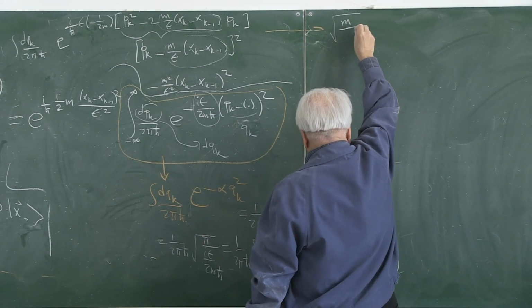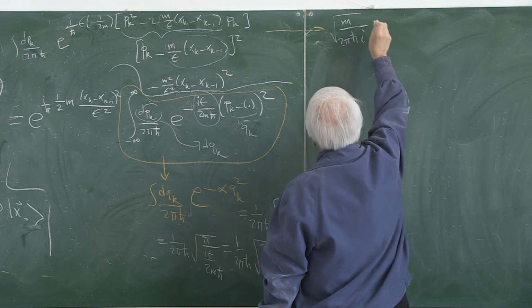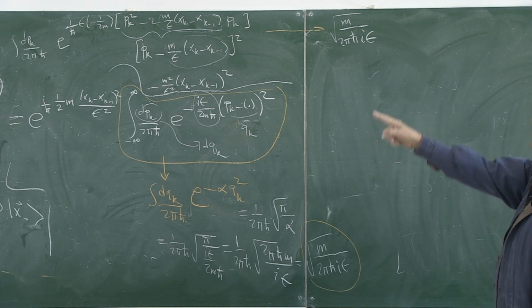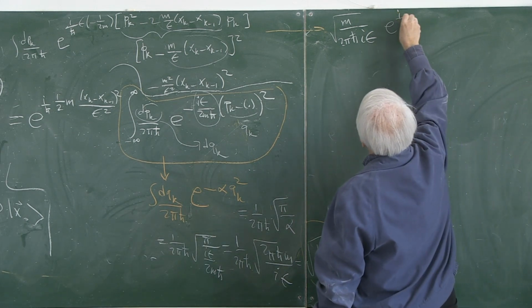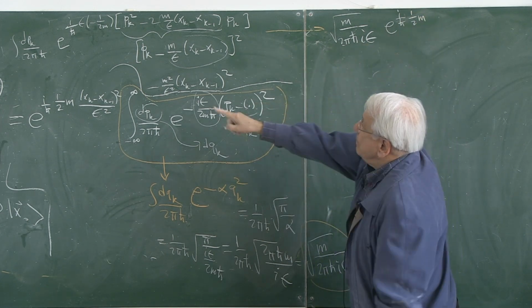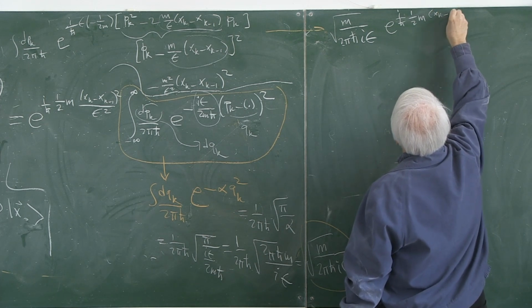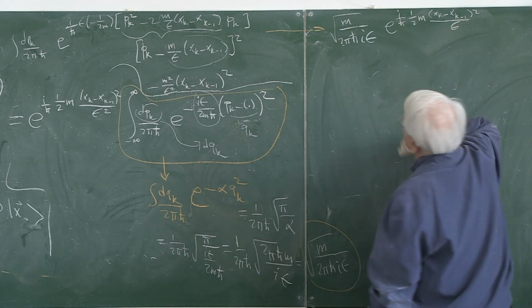It became the following expression. m divided by 2 pi h bar i epsilon times that expression, e to the i over h bar, 1 over 2 m, xk minus xk minus 1 squared divided by epsilon.